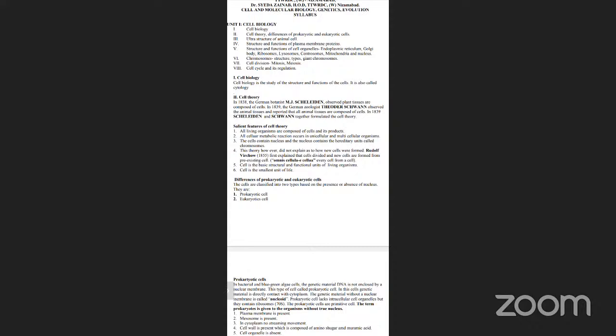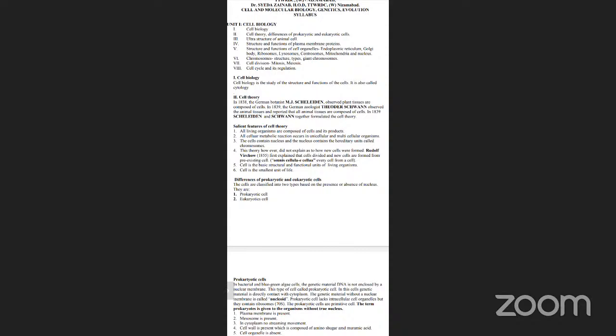Yes, the cell is the structural unit and a functional unit. That's why, when giving the definition of cell biology, cell biology means the study of the structural and functional aspects of the cell only.